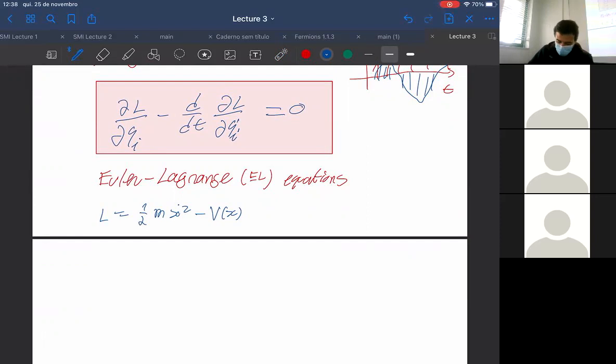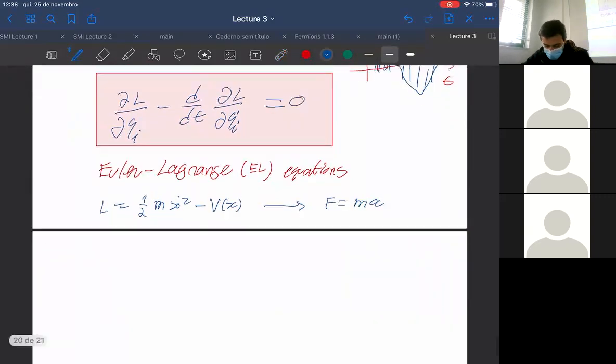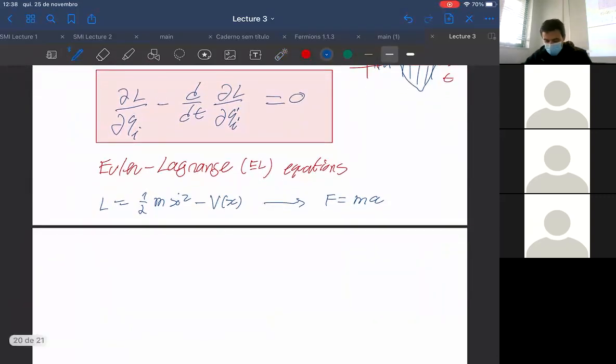From this you get F equals ma basically. So this is really the Lagrange equation. This is really pretty, the Lagrangian formalism. I really think that physics should be taught on this basis. I never went back to Newton after I learned.